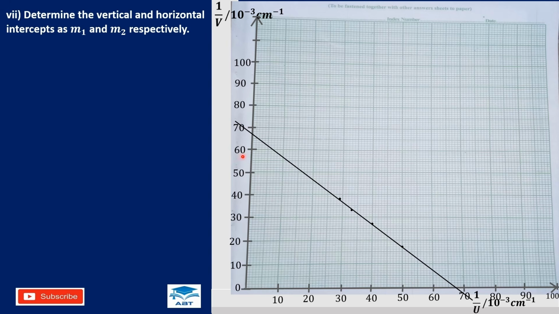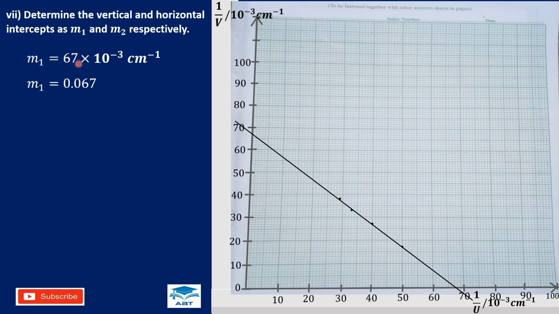Okay, so here we have 60 plus 7 boxes. So for the vertical intercept M1, we have 67. Remember, we converted it to standard form, so times 10 exponent negative 3, and the unit is per centimeters.